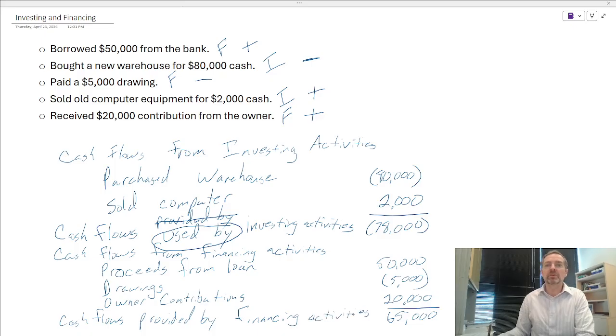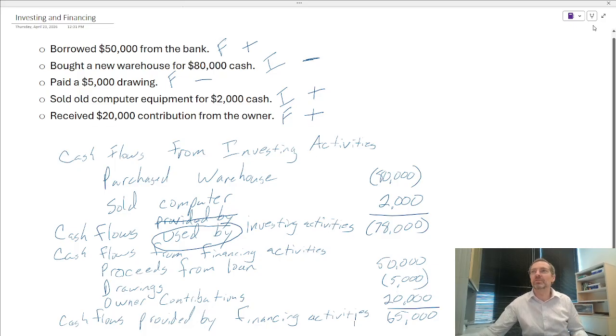All right, so we have two subtotals here. We have our subtotal for investing activities, subtotal for financing activities. So both of those sections are pretty straightforward, at least in homework, because you're given all that information. Your biggest job is to classify them into the different activities, use the correct language for the subtotals, and such.